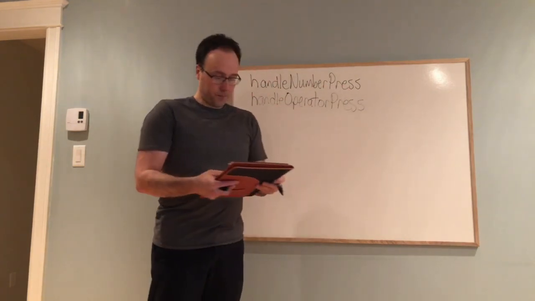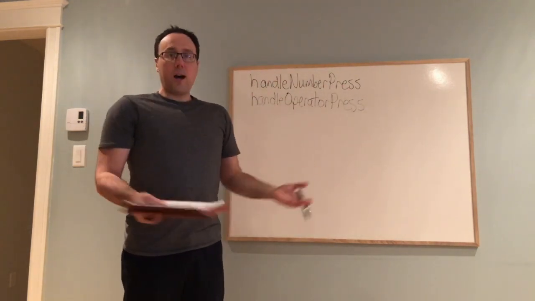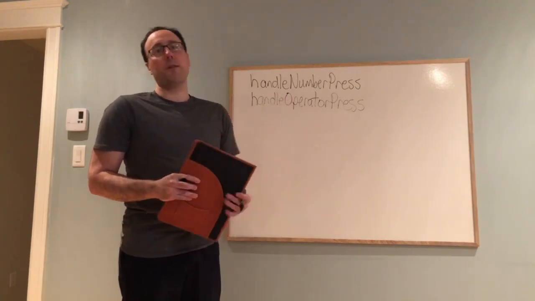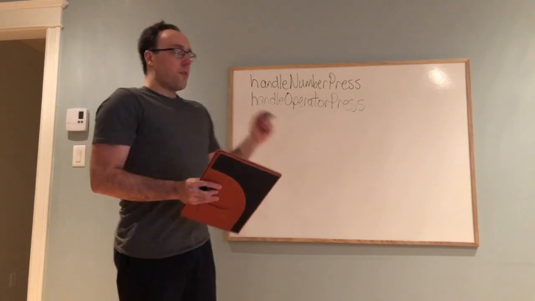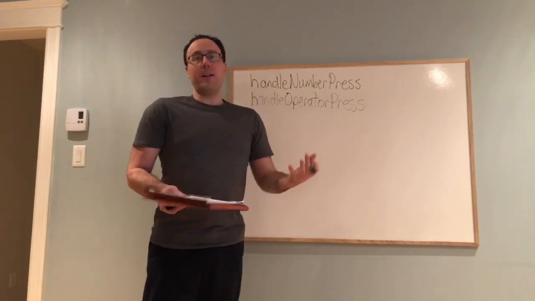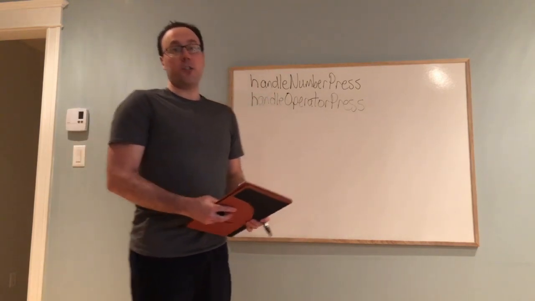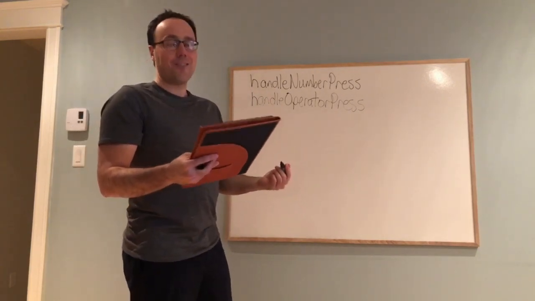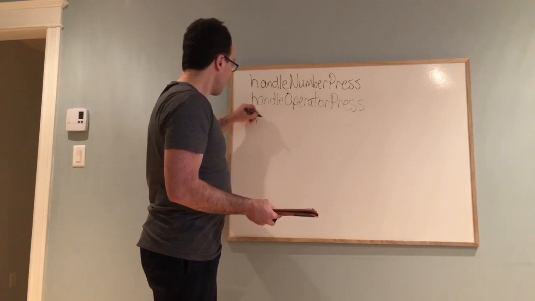All right. Then if you're thinking about all the buttons on there, there's a couple that we haven't covered yet. If the person hits the equals button, then we need to perform an evaluation. So as you would imagine, we need a function. I'm going to call it handle eval press.